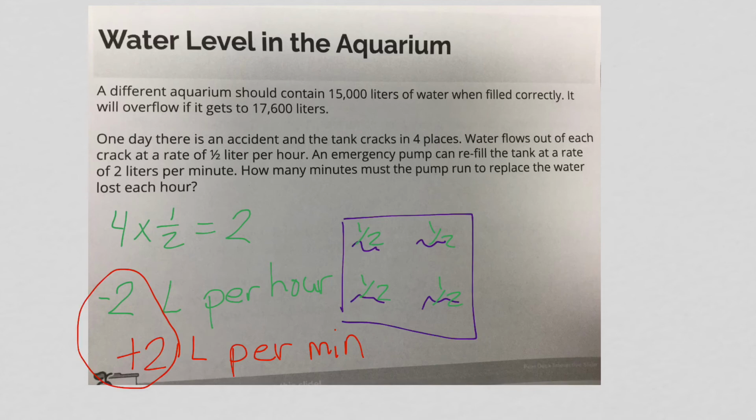It will only take 1 minute, because 1 minute replaces 2 liters, and in the whole hour, you're only losing 2 liters. So the pump must run 1 minute per hour.